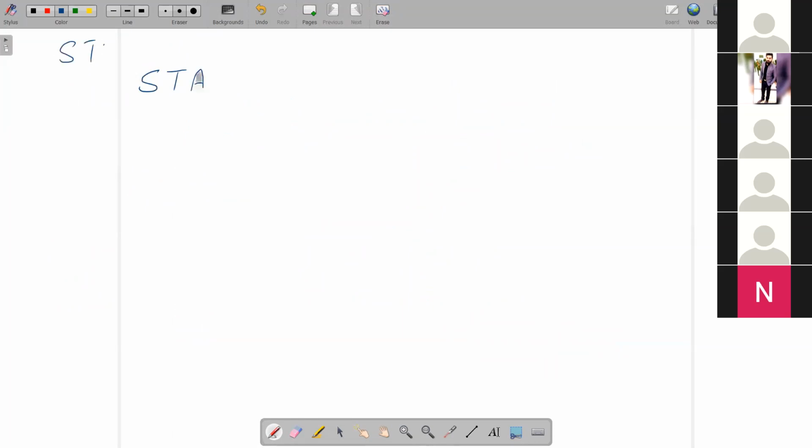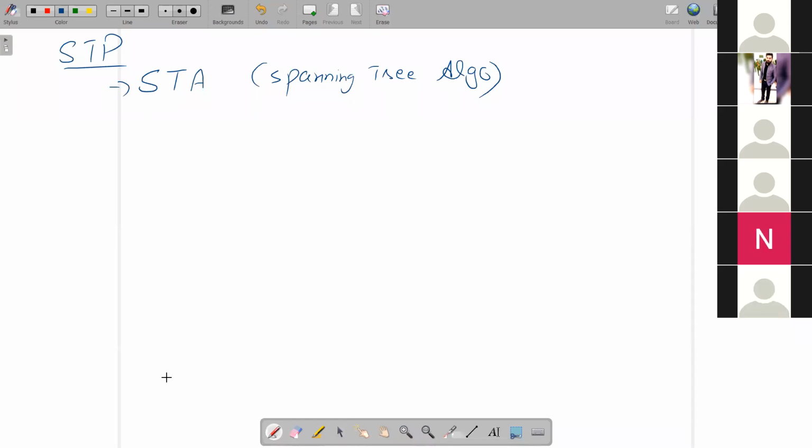The algorithm of STP is STA, the spanning tree algorithm. How it calculates and determines this is very complicated. Guys, this is going to be very complicated, so you need to be focused and tuned, because this is interesting as well as complicated. So how does STP work?